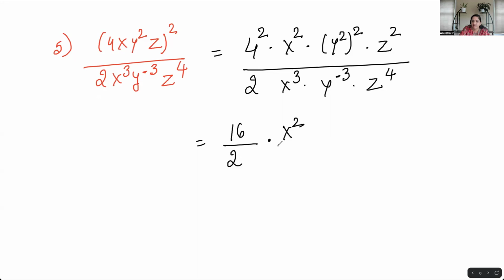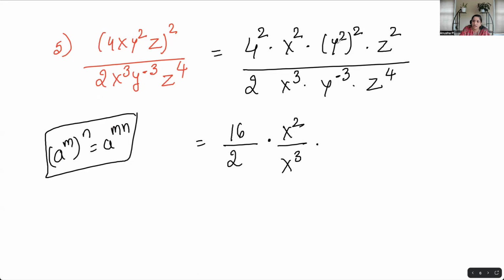Okay, we have x square and x to the power of 3. Now, to solve y square to the power of 2, today we learned a to the power of m whole to the power of n is nothing but a to the power of m times n, right? Using this formula, y square to the power of 2 is nothing but y to the power of 2 times 2, which is 4, over y to the power of minus 3, and z square over z to the power of 4.